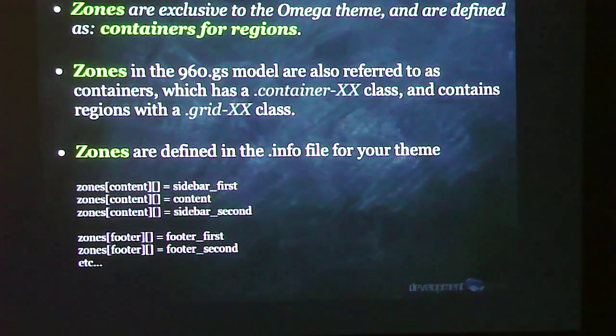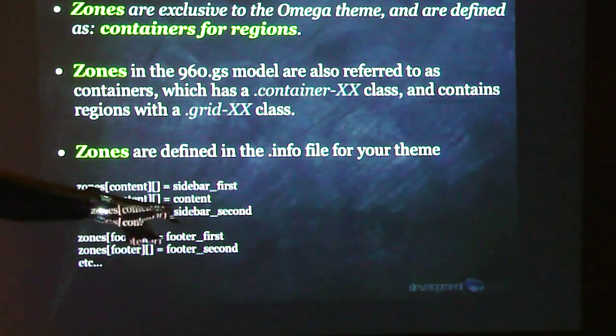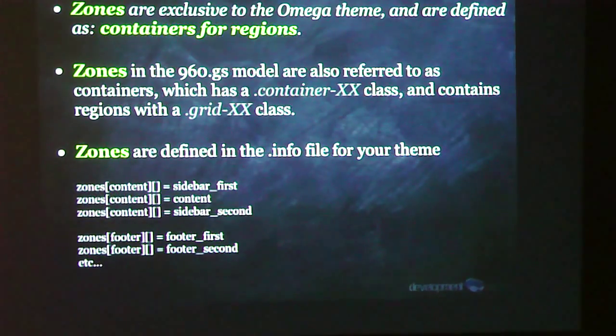The way this has been set up, zones are defined in the .info file. And hopefully everybody can see this. In this first one, just as a sample, is the content zone. We see zones, content, which is the machine name of the zone, and then these are the regions that are going to be placed in that zone. And yes, there is a zone and a region that are both called content, which may be confusing and at some point get renamed.